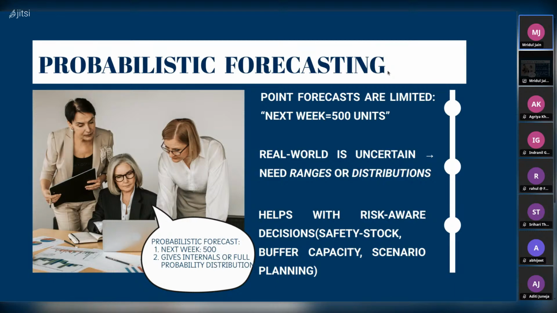So now I'll talk about the probabilistic forecasting. Now it's a very small idea. It's a very small depiction of what problems we are facing. I've spoken this before also. We are talking about the point forecasts, but the point forecasts are not ideal, or they are not compatible with the real world scenarios.